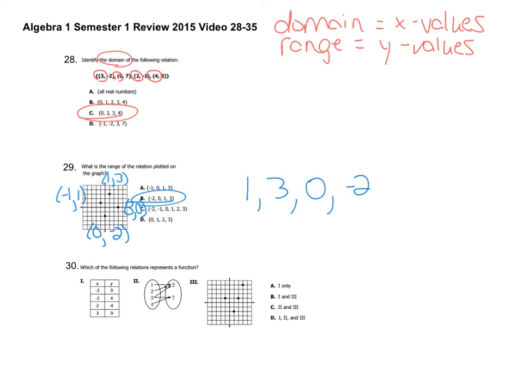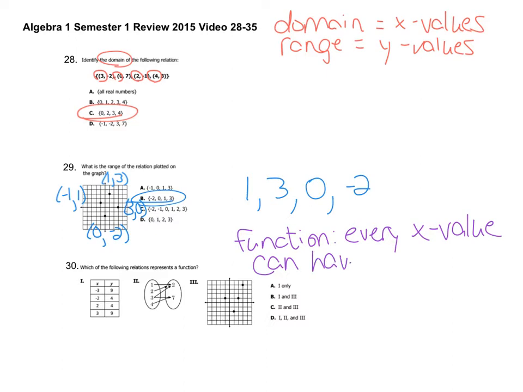Next one. Which of the following relations is a function? Remember the definition of a function. In order to be a function, every x value can have only one y value.